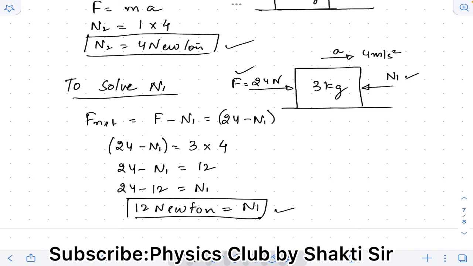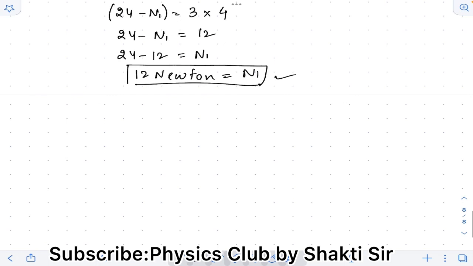As I told you, we can also calculate the value of N1 from the free body diagram of the 2 kg block. So let's see how. This is the 2 kg block. Again, its acceleration is toward the right, with magnitude 4 meter per second squared. This 2 kg block is under two normal reactions, N1 and N2.